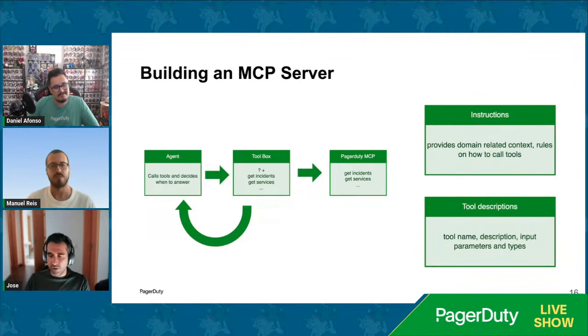It could be running an action or getting some data. But the key difference is that when you're building the agents and the tools, you know how everything works and how it goes together. When you're building an MCP server, you're building for an unknown agent. You don't know the agent, so you really need to think carefully about these descriptions and how they're self-explanatory. That's the first thing.